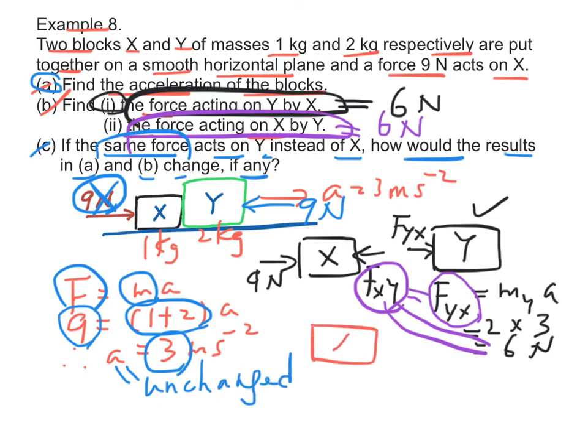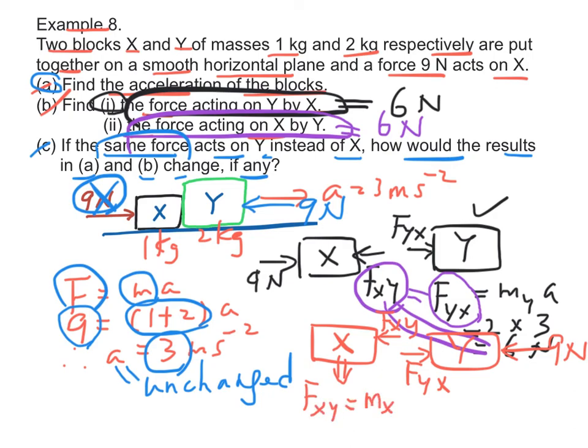However, the force diagram on X and Y will be different. For Y, we have 9 newtons force to the left, and the force acting on Y by X. For X, we have the force acting on X by Y. By considering X, we have F acting on X by Y equal to m_x a, which is equal to 1 times 3, which is 3 newtons only, which is not 6 newtons now.